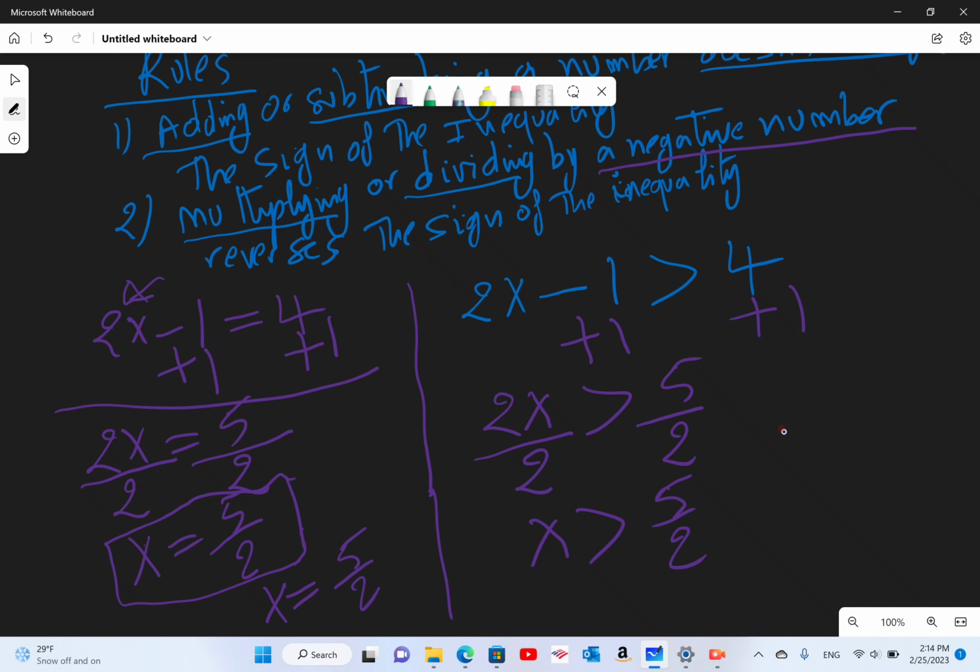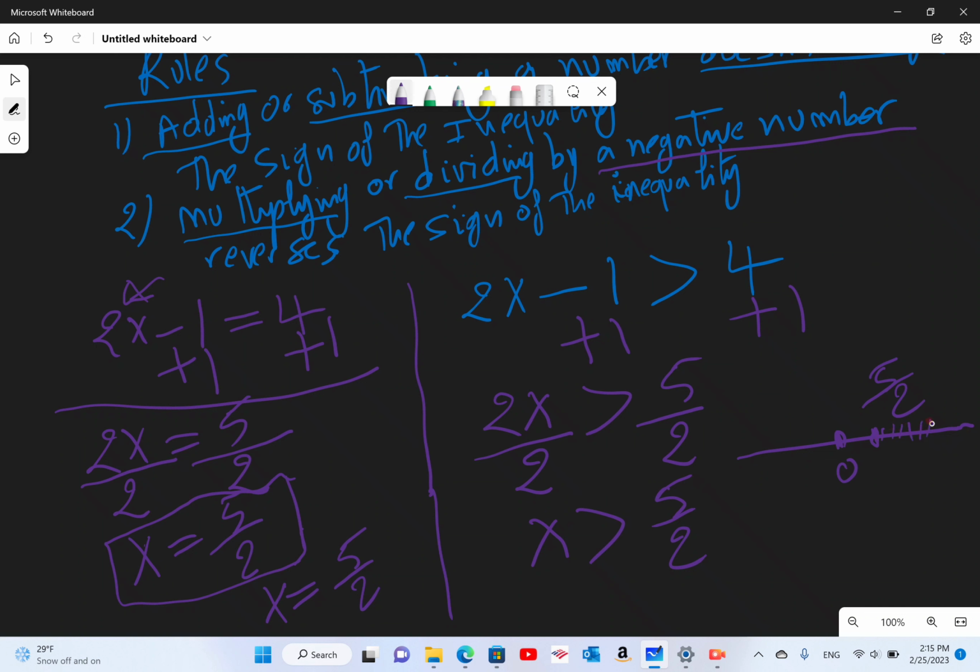But here, on linear inequalities, if this is our number line, so 0, and 5/2 would be somewhere here, the solutions to this linear inequality are all the numbers that are greater, because it says x is greater than 5/2.